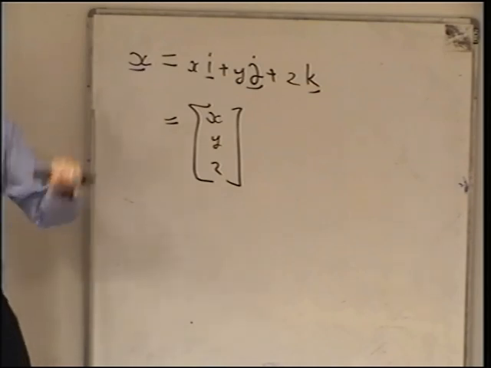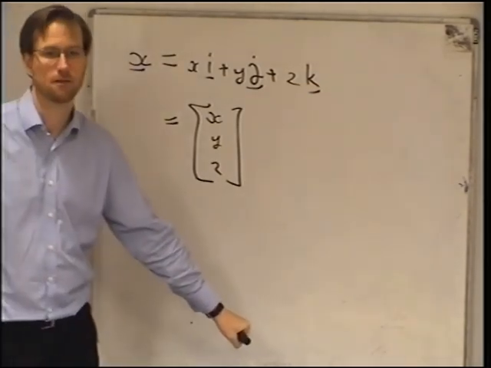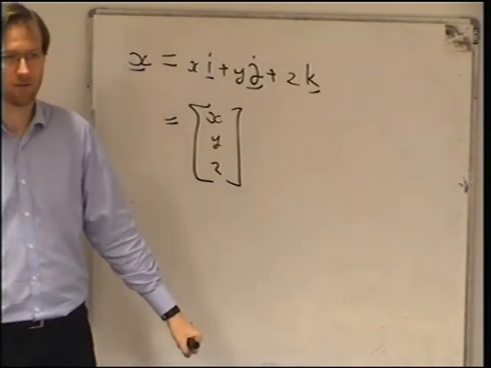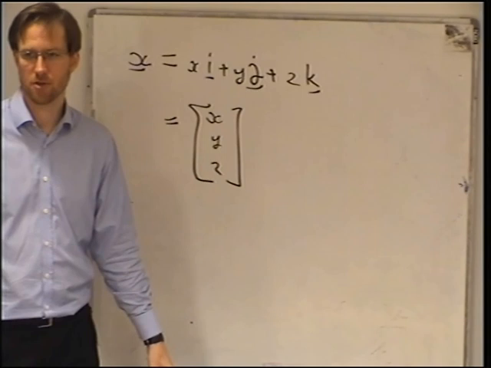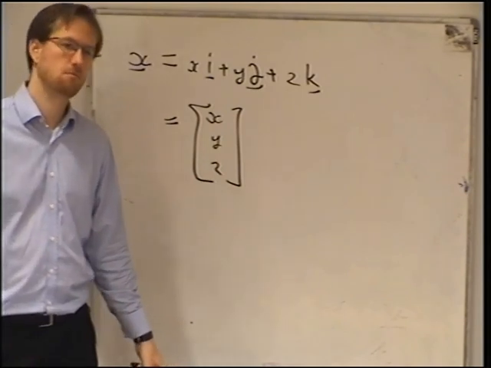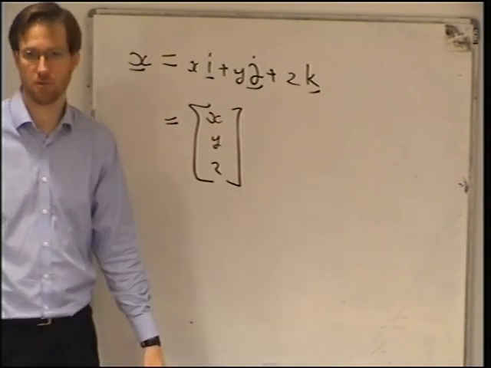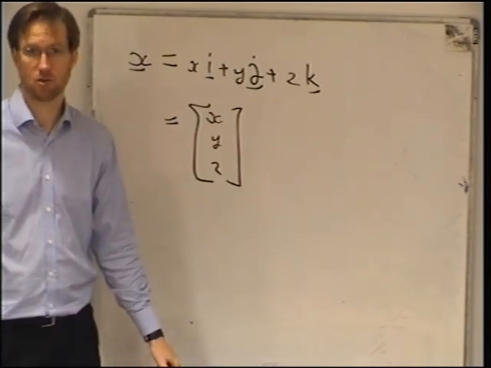So if we've got a finite dimensional function space, then if we've chosen a basis, we can represent every point in that function space by a list of numbers, which are the list of coefficients of the basis functions.